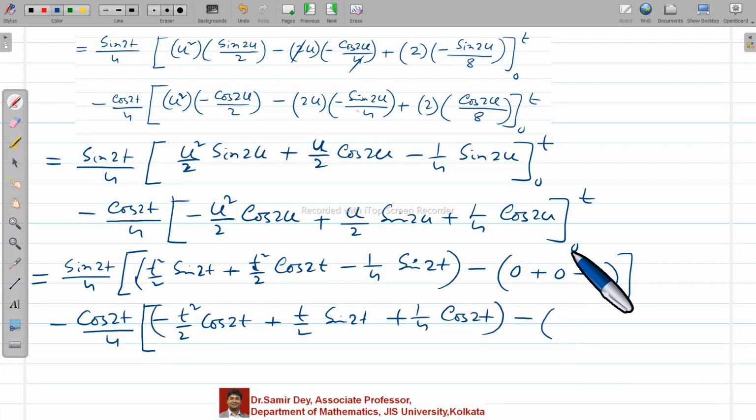Minus lower limit 0. 0 into something means 0 plus 0, and from cos 0 is equal to 1, plus 1 by 4. Please check whether it is coming or not. Everyone please check carefully. It is very simple. Everyone please check it is coming or not.